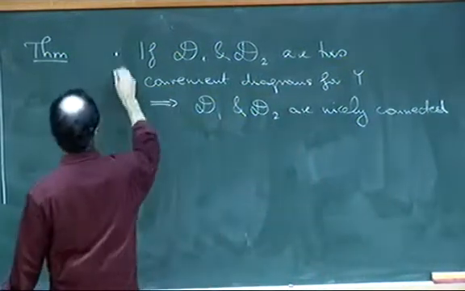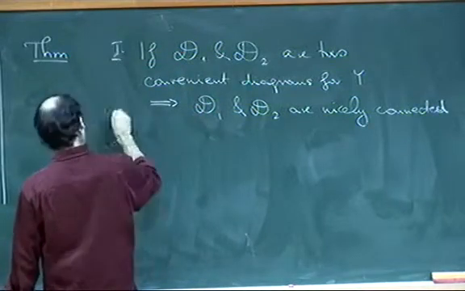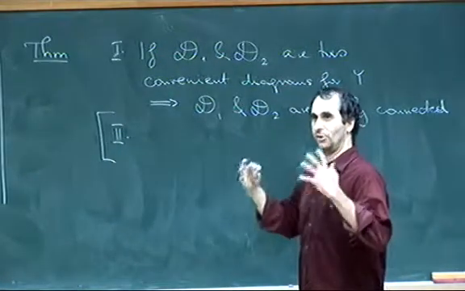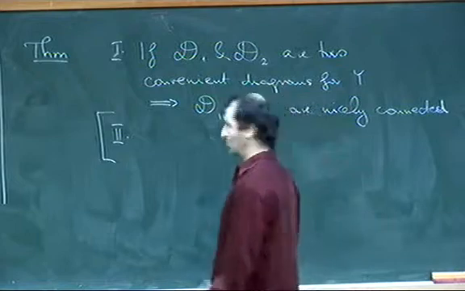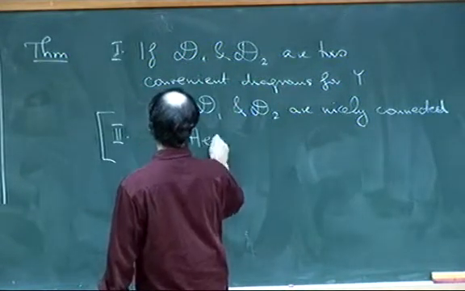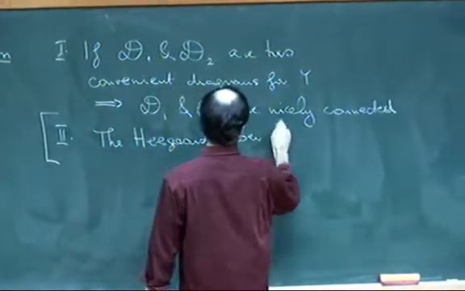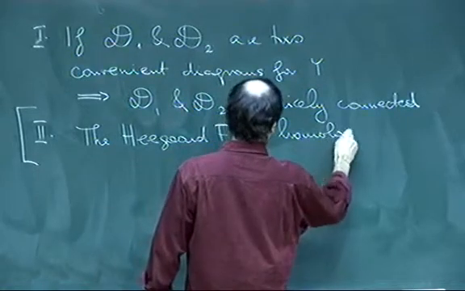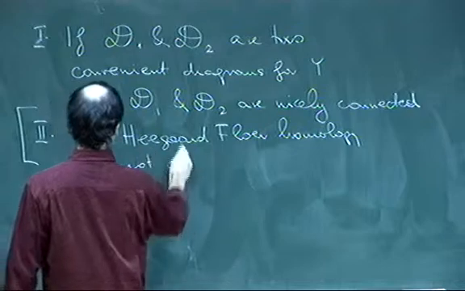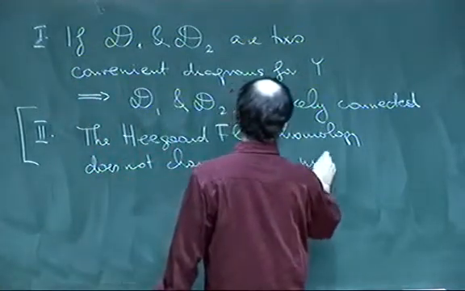And then part two, so let's call it part one. Part two, I don't make an exact statement, but I just don't want you to lose perspective. So the Heegaard Floer homology does not change under nice moves.